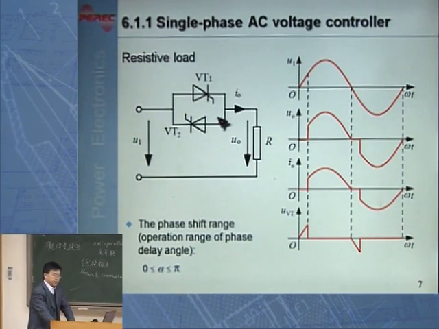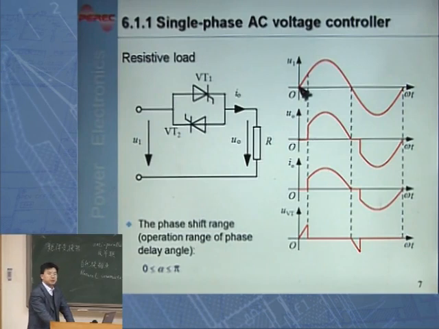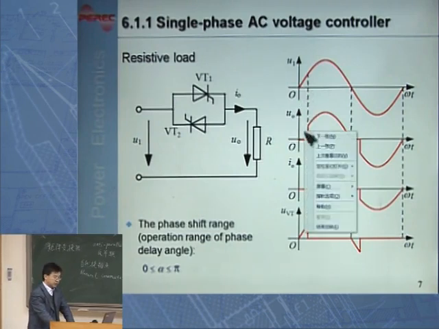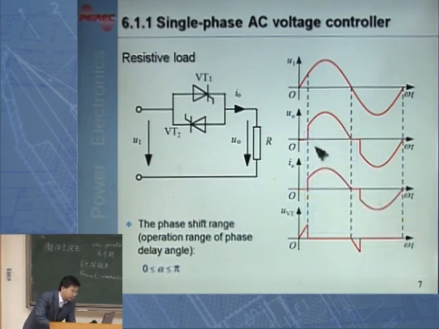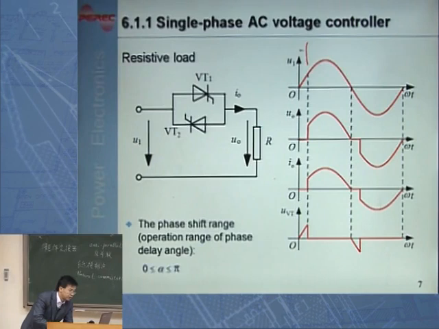Then, when I change alpha, let's say I do not trigger VT1 until after a certain time, counting from this natural commutation point, until here. This is alpha.